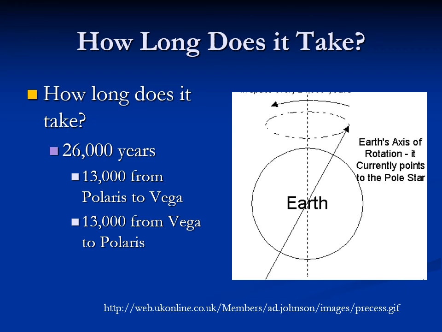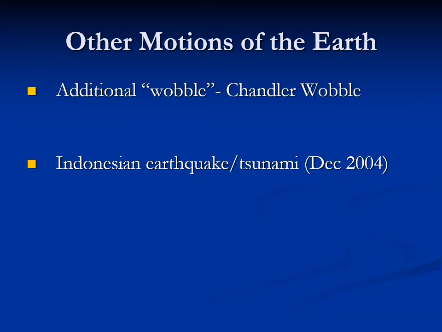Polaris is the North Star, but in 13,000 years from the time that the pyramids of Giza were built, our North Star will be called Vega. And then it'll take another 13,000 years to go back from Vega to Polaris. I bet you didn't even realize that.